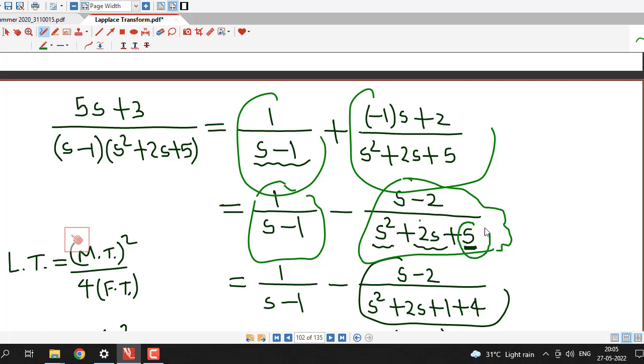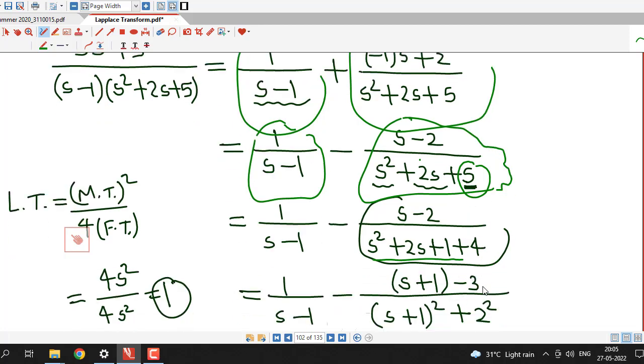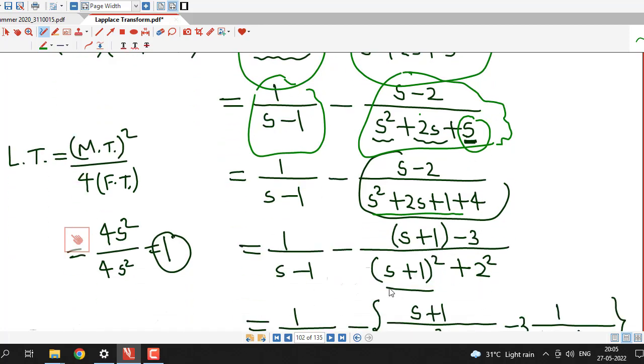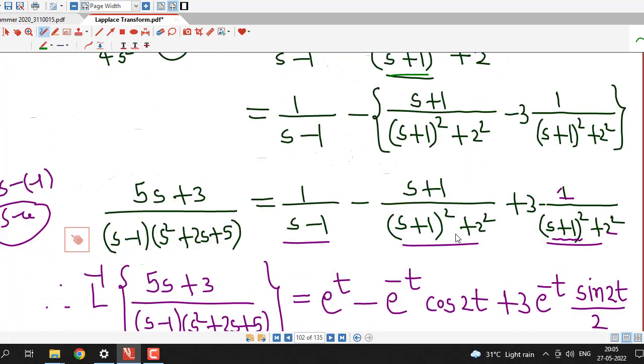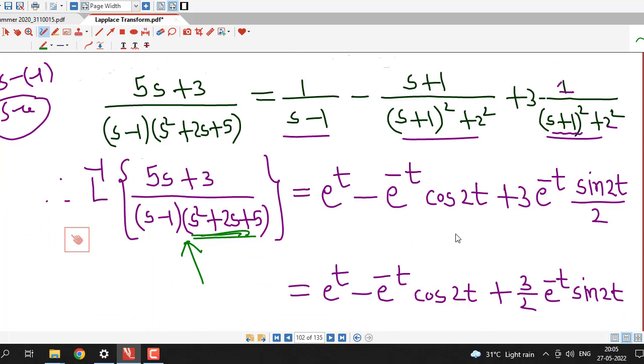So we adjust the last term so that we obtain a perfect square. We write 5 as 1 plus 4. Then we obtain the square of s plus 1. So for that we adjust s plus 1 in this way. We replace minus 2 by 1 minus 3.